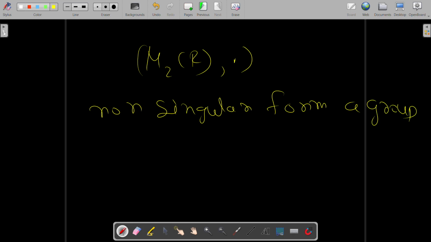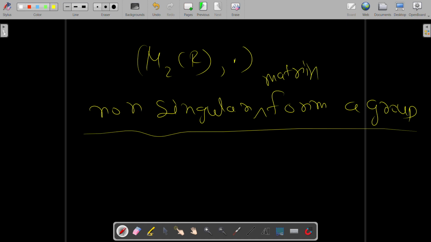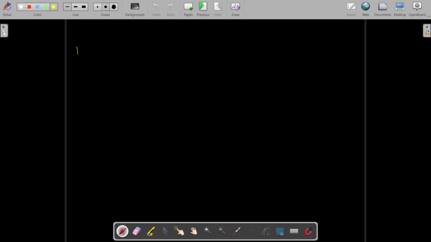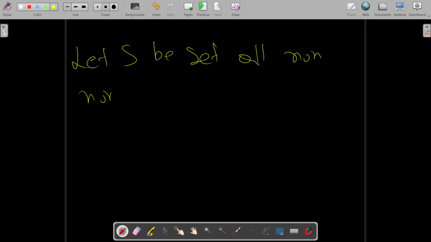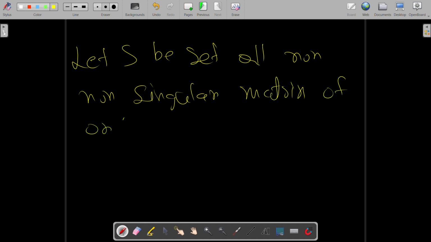Next we will do that proof. Let S be the set of all non-singular matrices of order 2 cross 2.